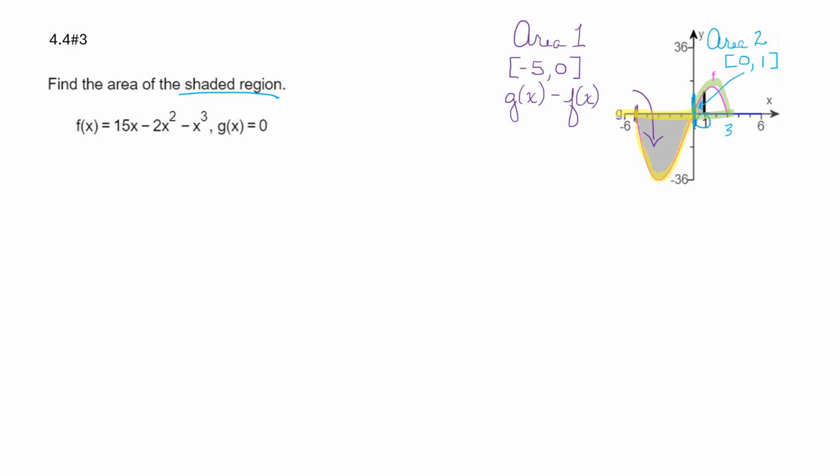So that tells us that for this part, for area 2, we're looking at f of x minus g of x. So you don't have to write all that. I find it's helpful for me to put things like that right on paper right in front of me.